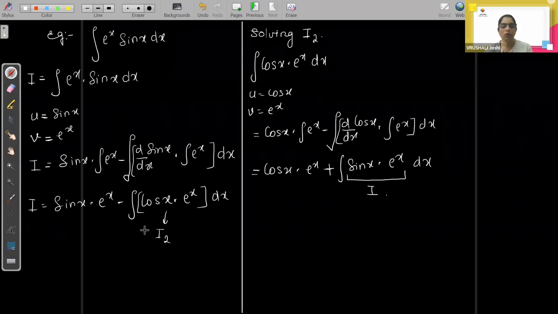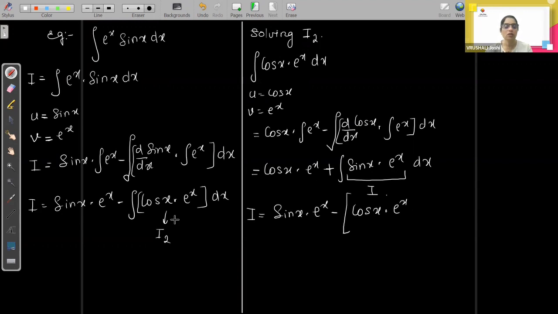Now let's write the whole thing again. We are going to write I is equal to sin x into e to the power x minus, in brackets, cos x into e to the power x, because we solved this I2, plus I. Then let's open the bracket.